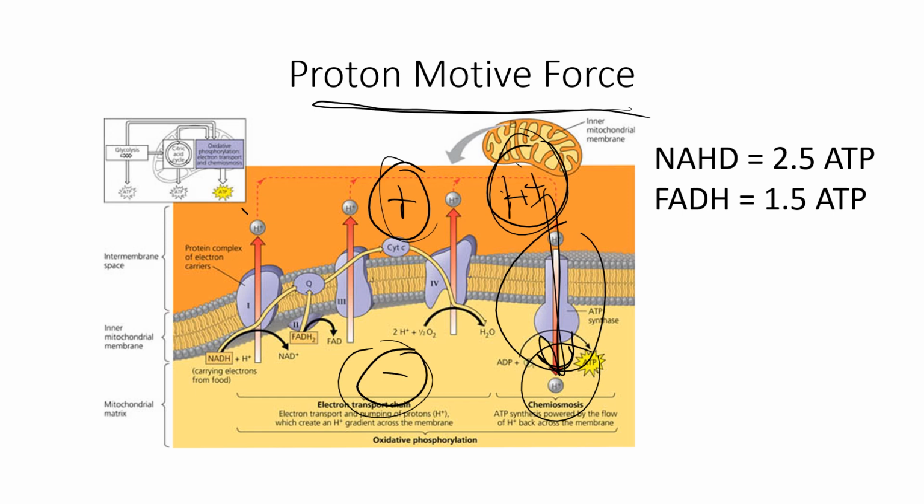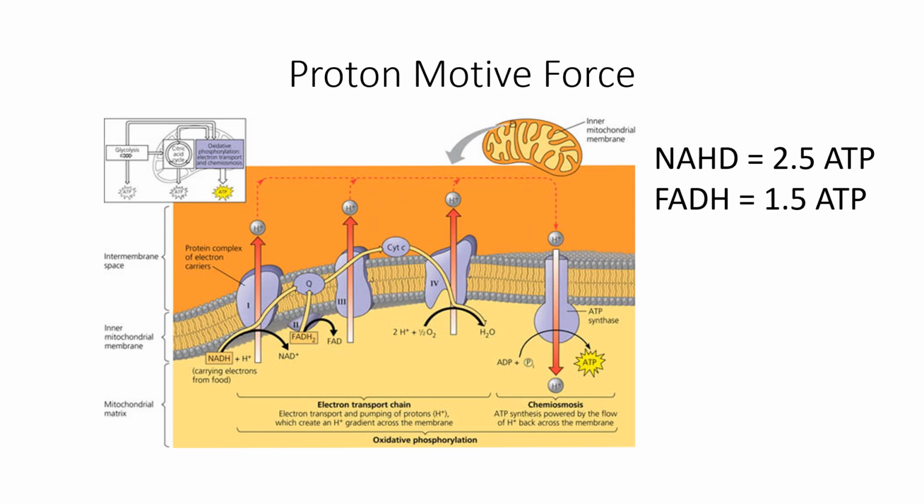What creates the proton motive force, or you'll oftentimes see it referred to as being the proton motive force, is the mitochondrial membrane potential. The fact that the inner membrane space is positive and the matrix is negative, that is the mitochondrial membrane potential. And that membrane potential creates or is the proton motive force, the thing that pulls the hydrogen ions from the inner membrane space into the matrix.